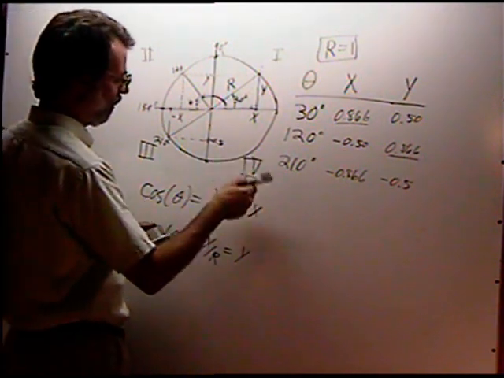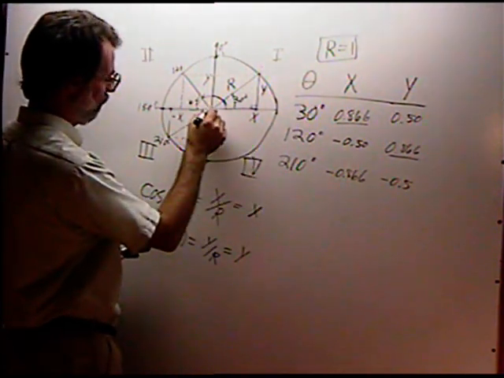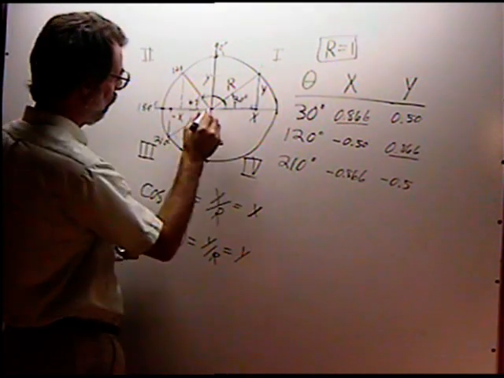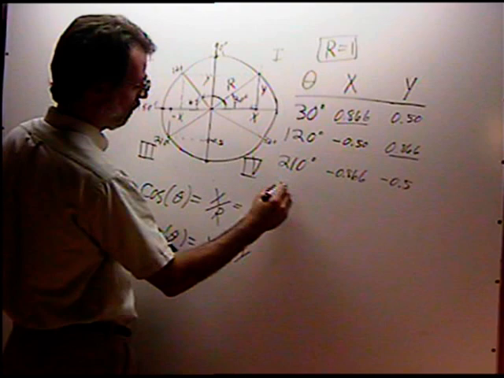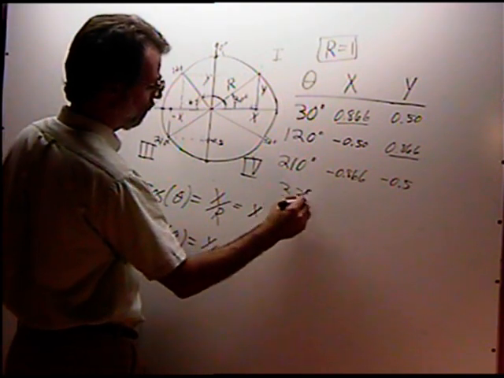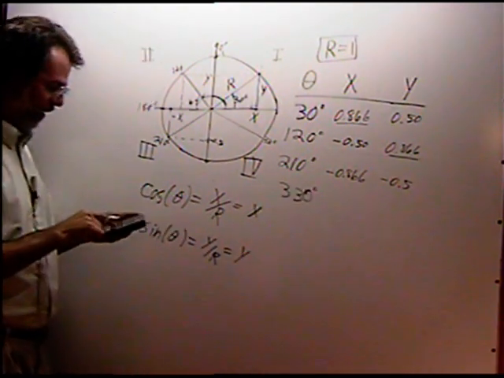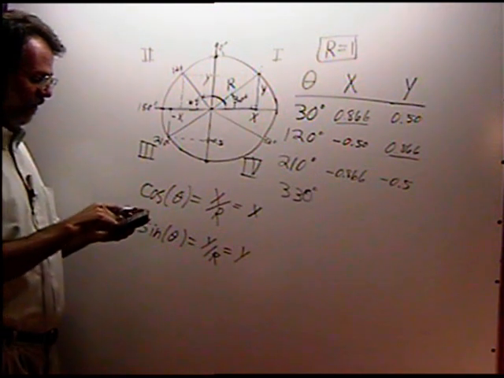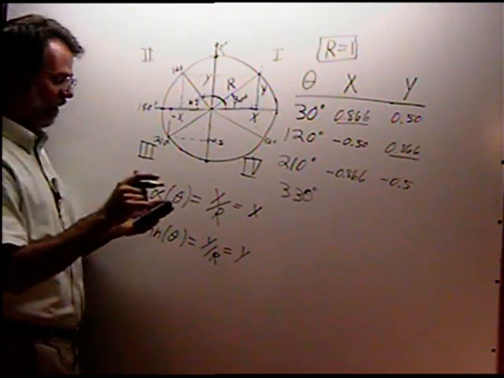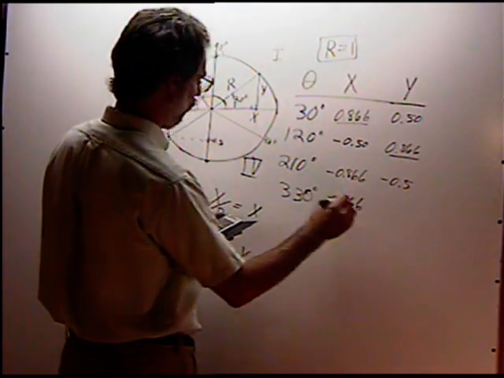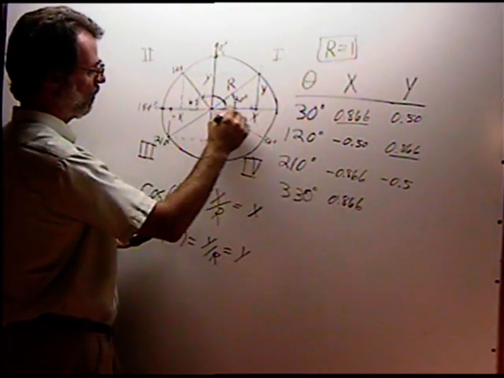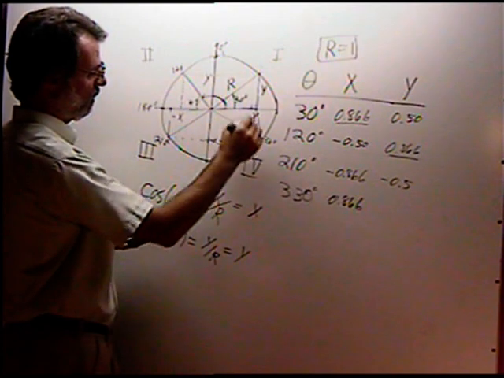In the fourth quadrant, let's pick an angle here. Let's pick 330 degrees. If I take the cosine of 330 degrees, I get 0.866.